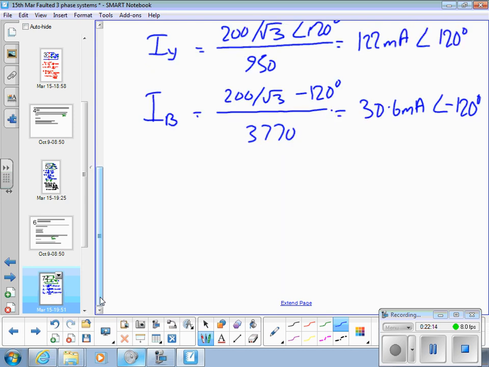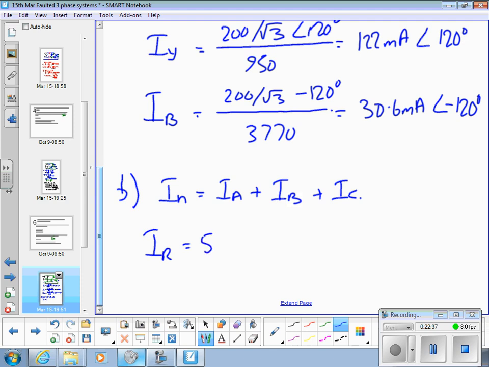And then I_N is equal to I_R plus I_Y plus I_B. So I_R was 59.2, angle 0 degrees.